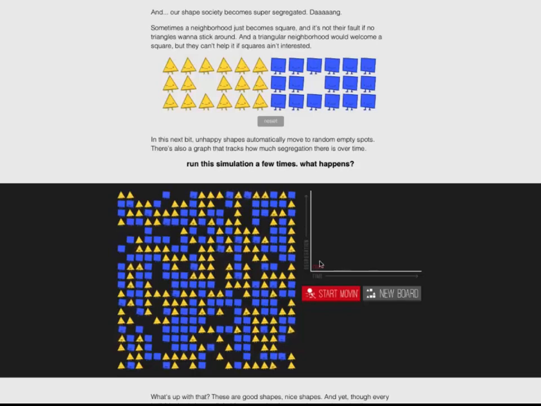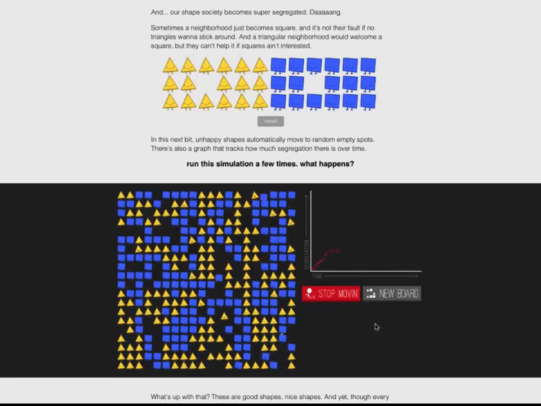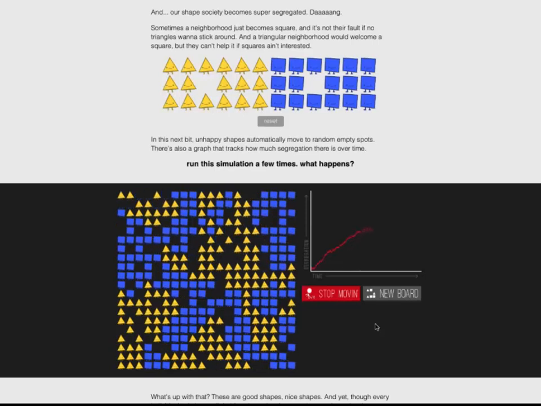So again, let me play it. You see what happens, they move around. This kind of rule, where individuals are fine with up to 2/3 other individuals in their neighborhood, actually leads to a remarkable segregation. That's what I already showed you the last time.